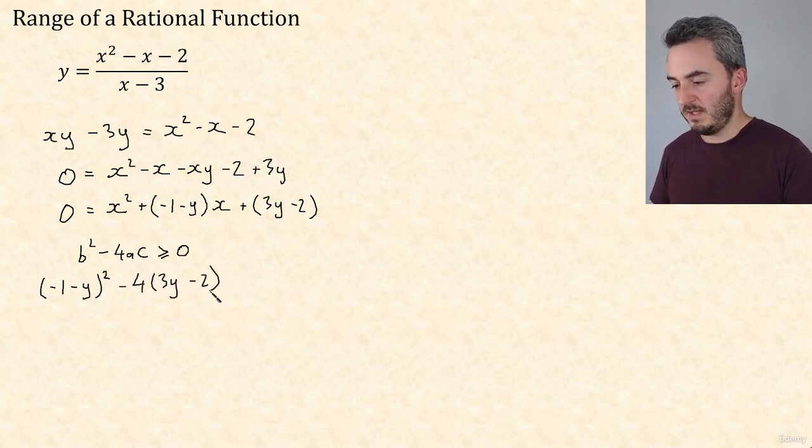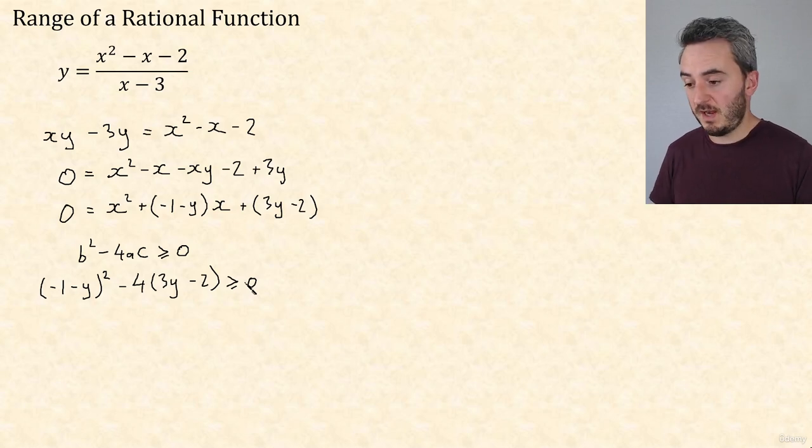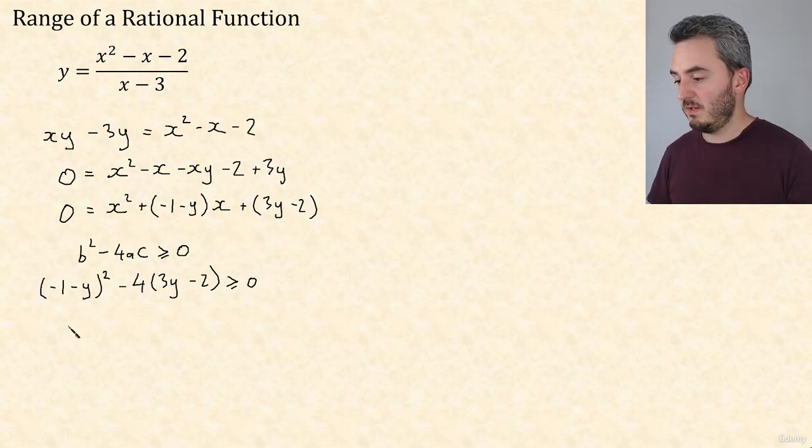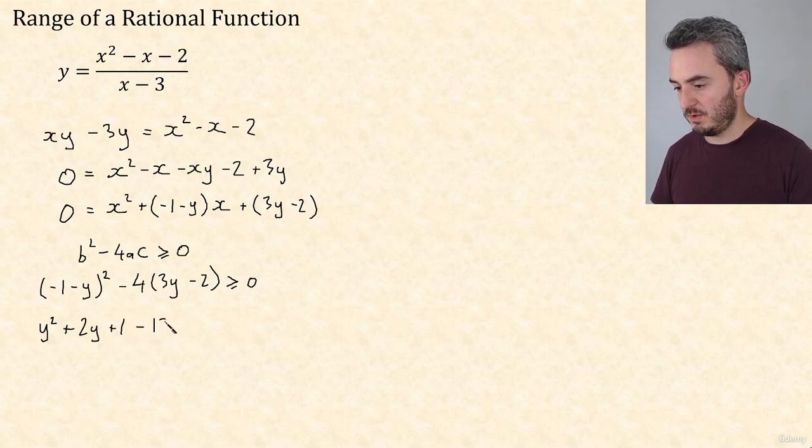And what we're getting here is a quadratic inequality in y. If I solve this, it will tell me which y values can actually exist. Expanding this, I get y squared plus 2y plus 1, then minus 12y, and then plus 8. Simplifying, we have y squared minus 10y plus 9 is greater than or equal to 0.